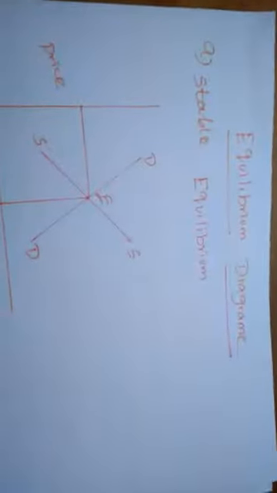Today we will study another concept, that is called the equilibrium diagram. Okay students, today we will study about the equilibrium situations. First, the stable equilibrium. First we will study about the equilibrium. Equilibrium situation means an equal situation in the market.